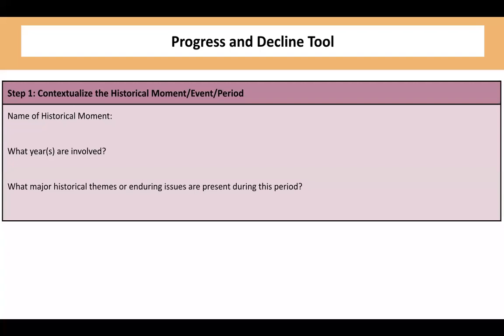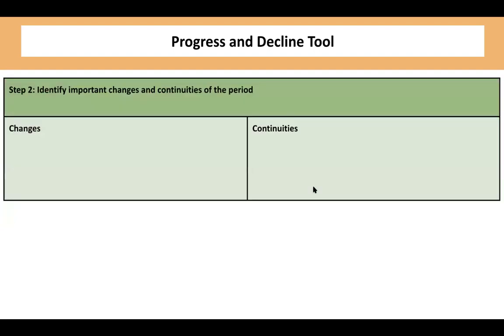After they've contextualized it and they've gotten a better picture of what's going on around the historical moment, event, or period, now they could really start going into the tool to look at how we start to analyze this moment.